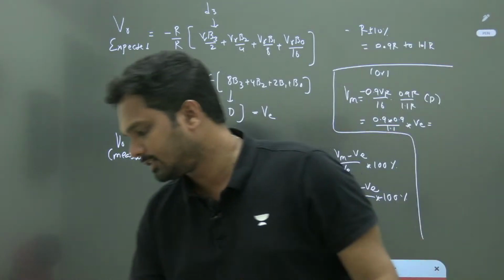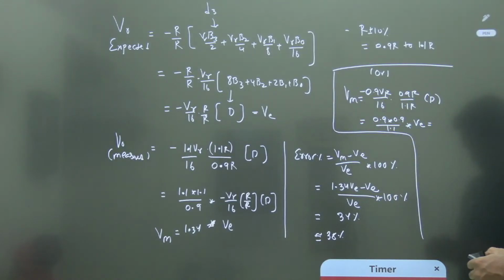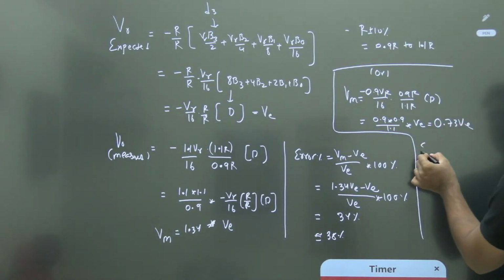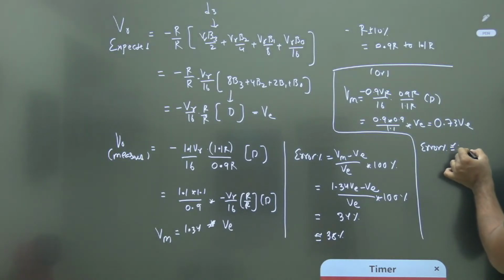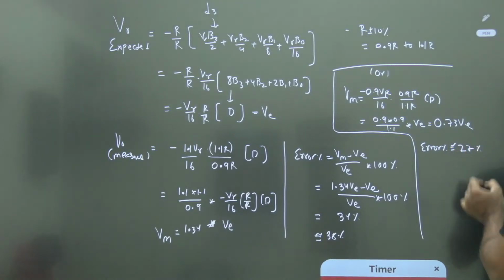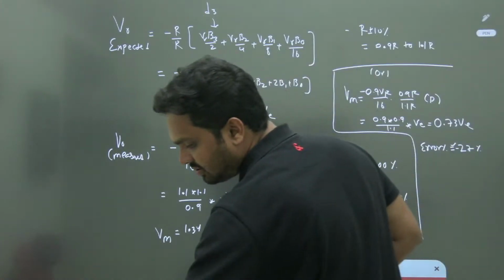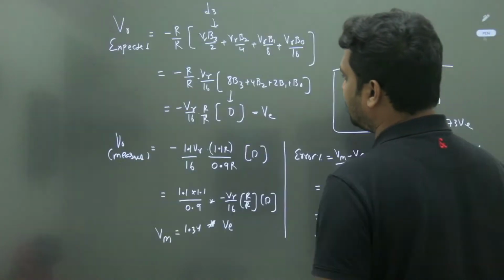So what is the answer? 0.73. Here what is the error percentage? Around 27% you will get. So definitely the earlier one is the answer. Maybe minus 27, forget about plus and minus. So plus or minus 35 is the nearest multiple of 5.